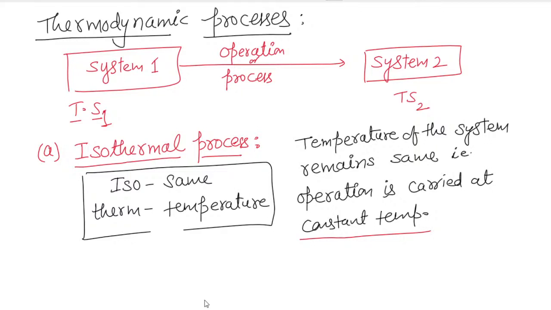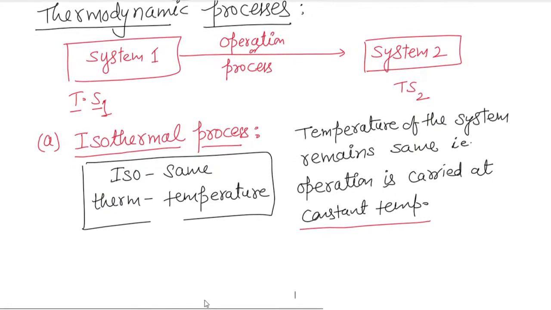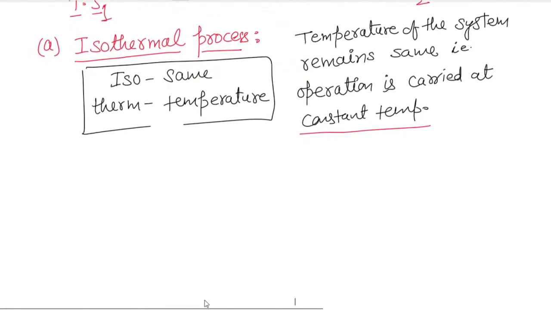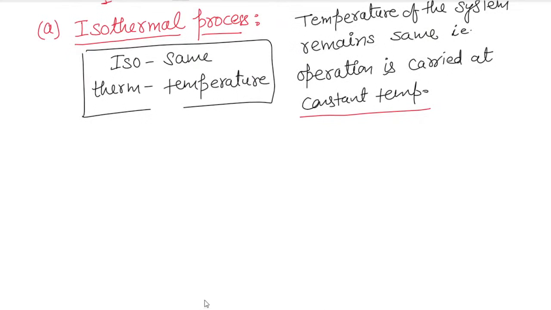Any process in which temperature is constant. How is it possible? Tell me. We have to keep the temperature constant while the process is going on.